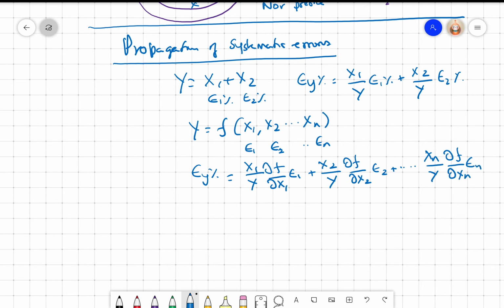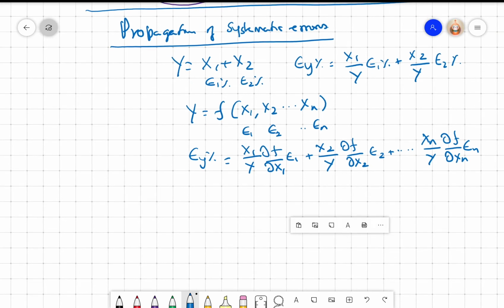So the way the systematic error propagates depends upon the sensitivity of the function that I use to compute the final results, right?